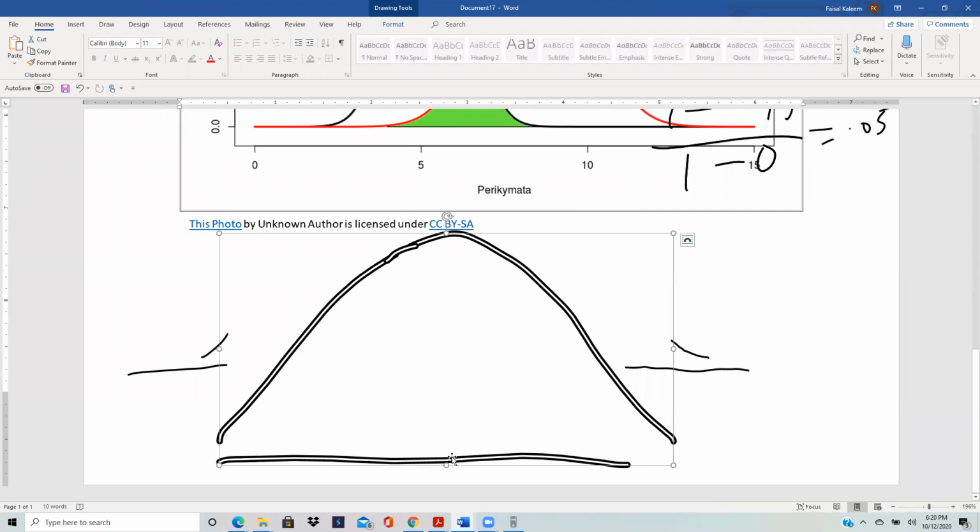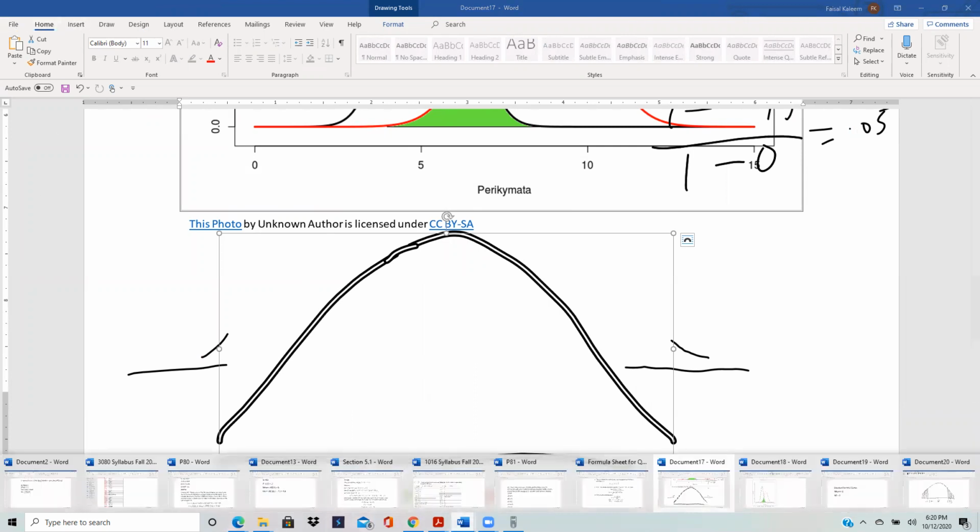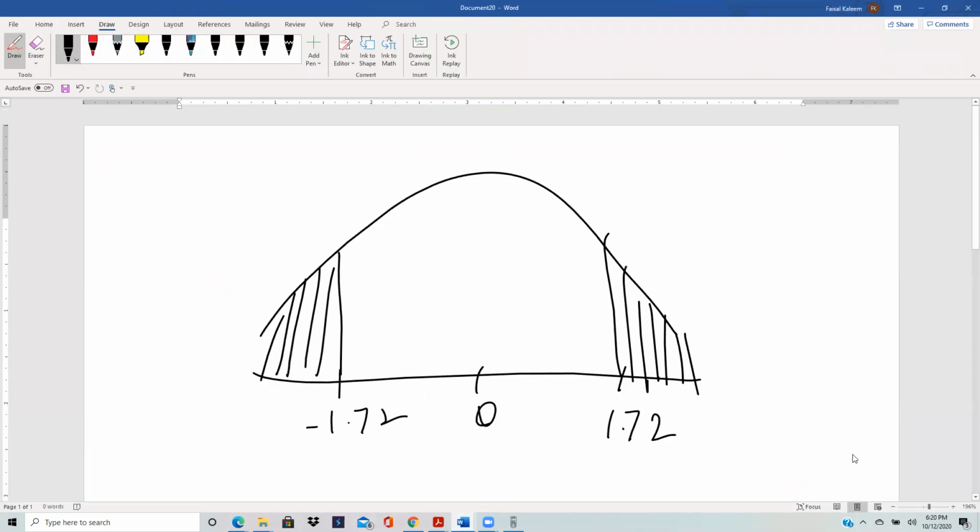The midpoint would be 0. So let's draw another one. The midpoint is 0. Half of the area is on the right of 0, and half of the area is on the left of 0.